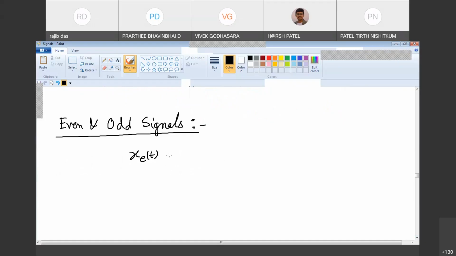This is an even signal if its negative side, x of minus t, and its positive side, x of plus t, are exactly the same, both the same, then only it will be called an even signal. Okay, this is one.